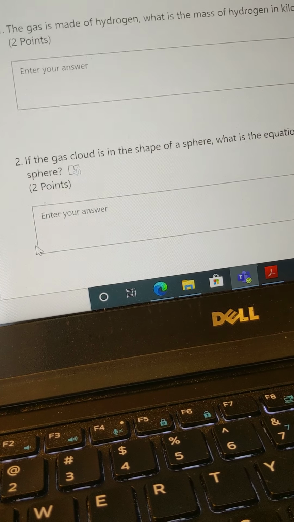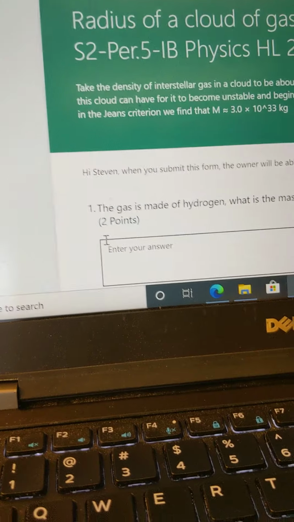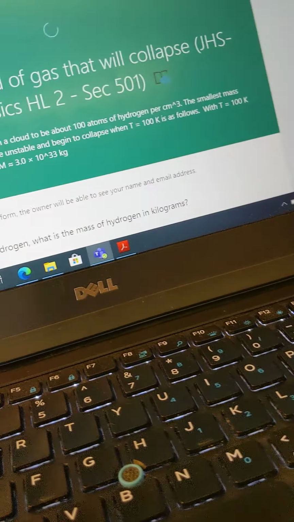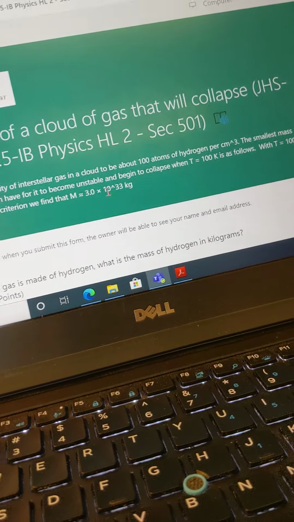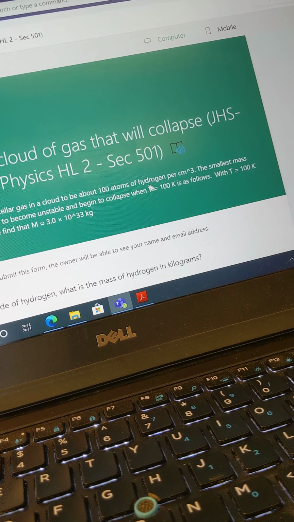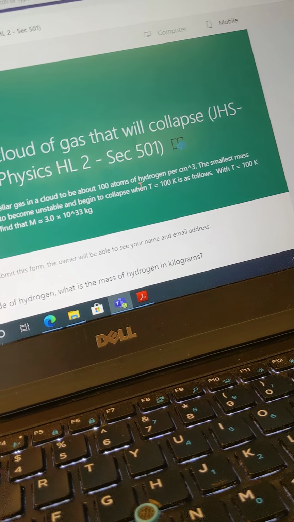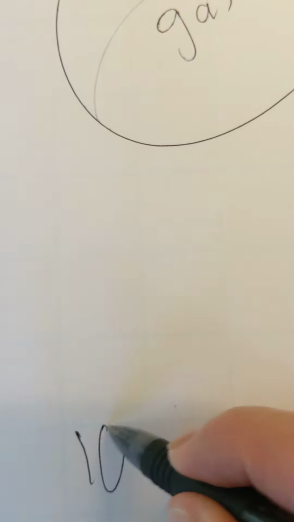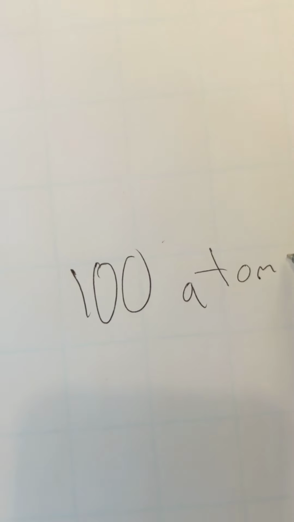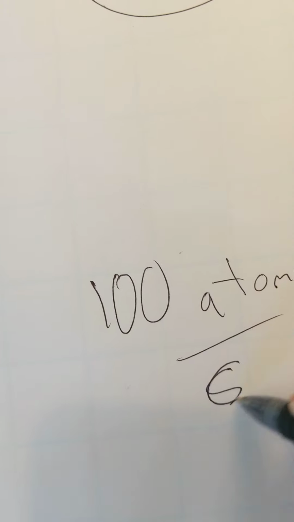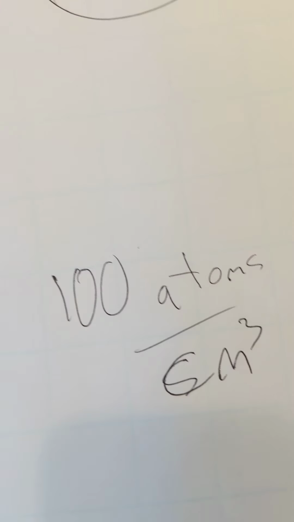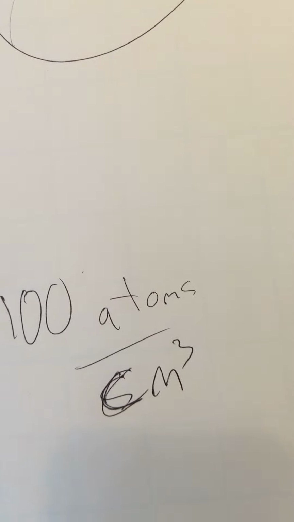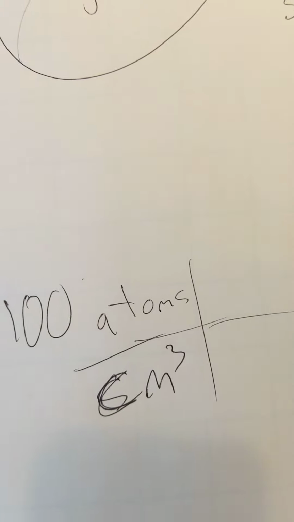So let's see, here's the question: take the density of interstellar gas in a cloud, 100 atoms of hydrogen per centimeter cubed. Okay, so it's got 100 atoms per centimeter cubed.